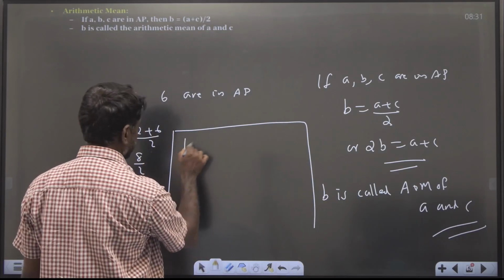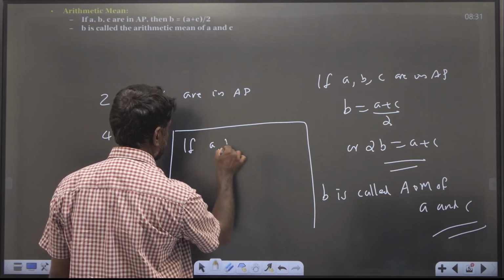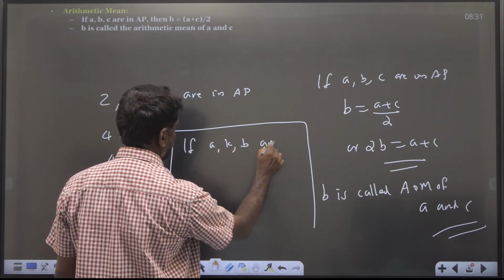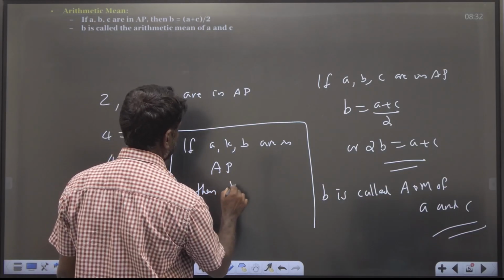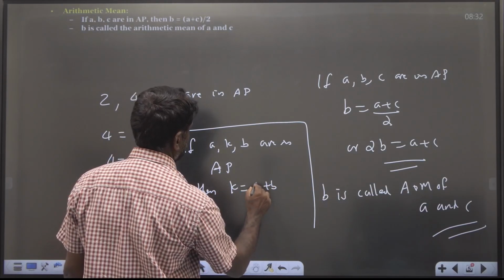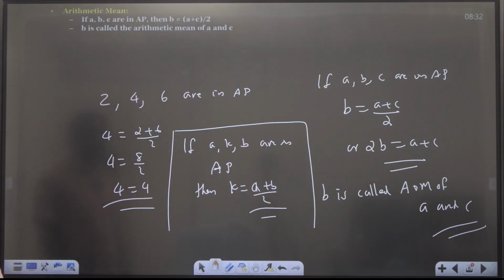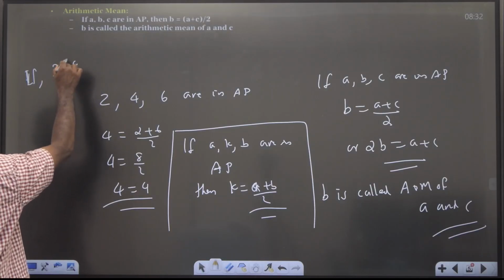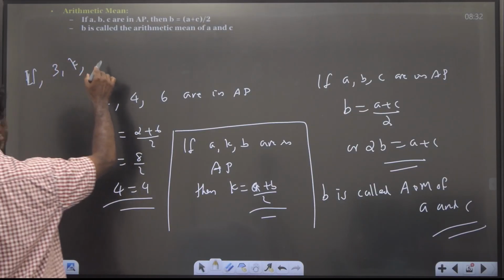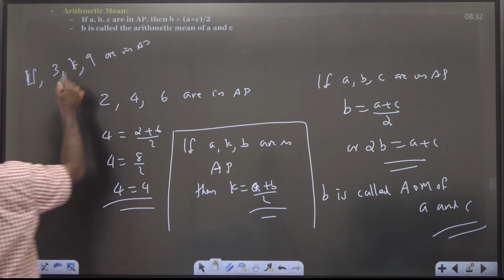Another example: if A, K, B are in AP, then K is equal to (A plus B) by 2. Another example: if 3, K, 9 are in AP, then what is K?